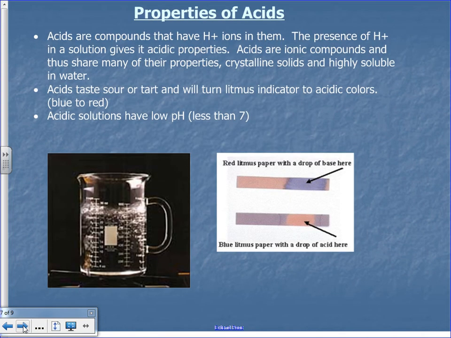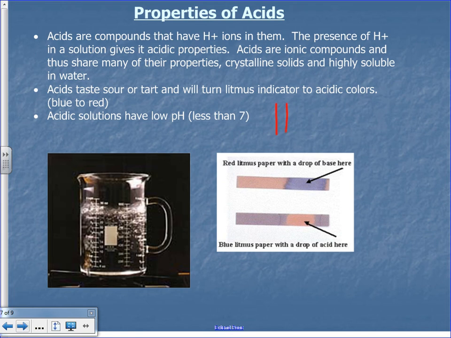All right, acids. Typically, strong acids are ionic compounds. Weak acids can be ionic or molecular. But if you have something that has a pH of 2 or less, it is most definitely an ionic compound. Now, the reason for that is this.